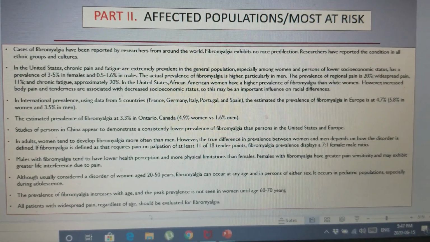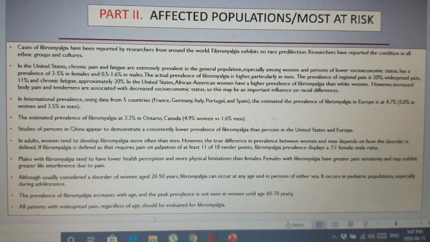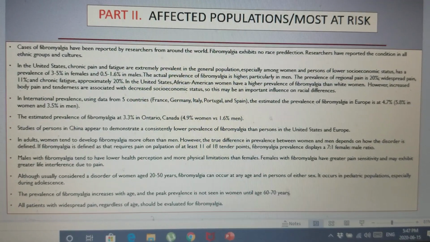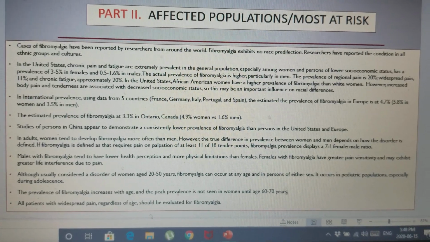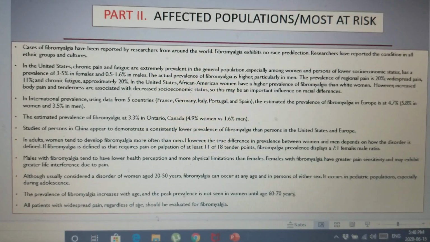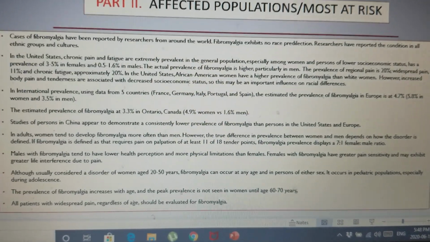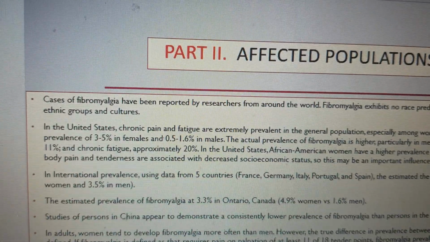Right, so on this part here, I'm showing you who are the affected populations, or those people who are mostly at risk for the fibromyalgia condition.